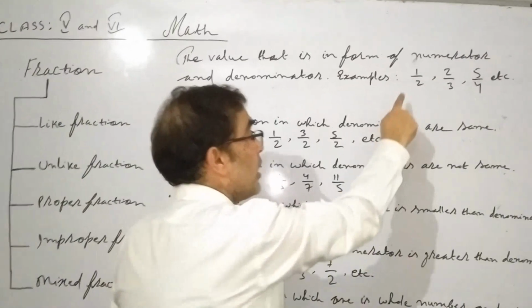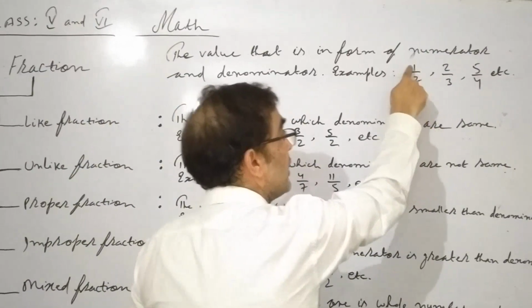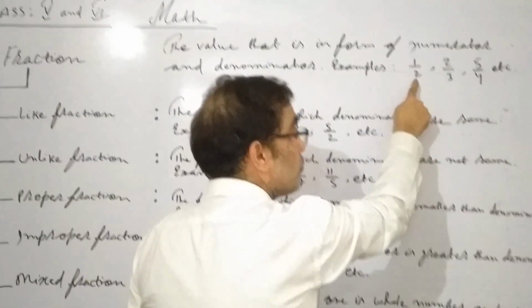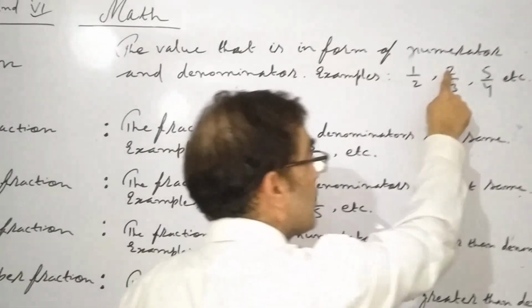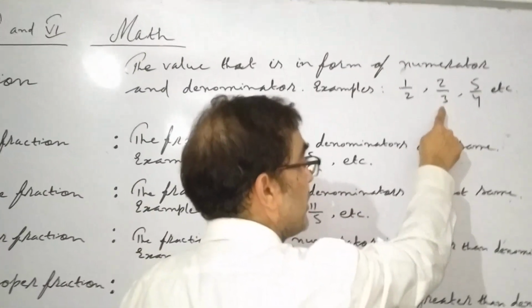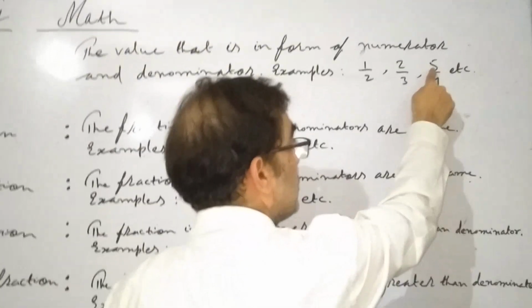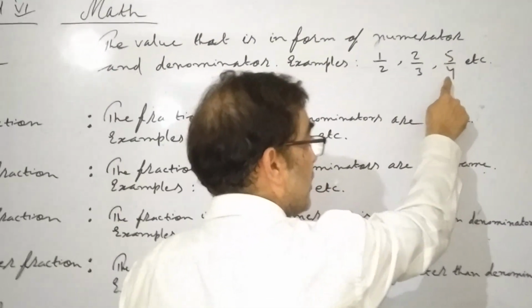Because here 1 by 2 has numerator 1 and denominator 2. 2 by 3, which is a fraction, has numerator 2 and denominator 3. 5 by 4 is also a fraction, which has numerator 5 and denominator 4.